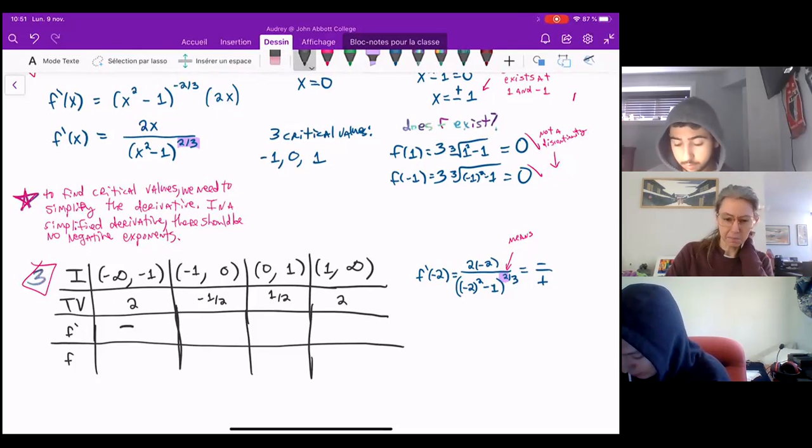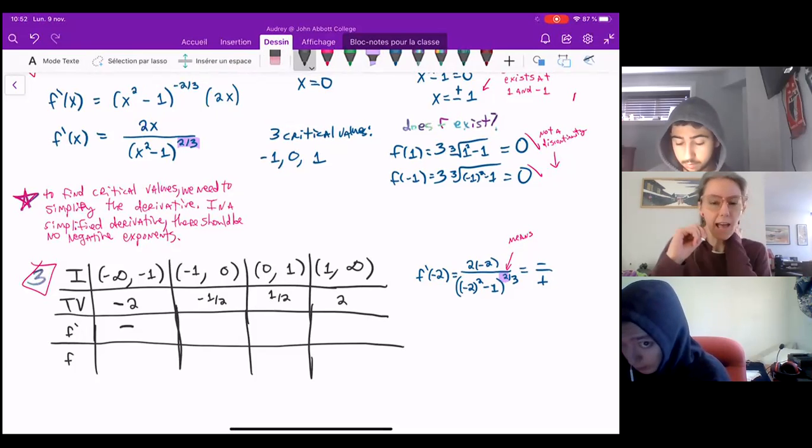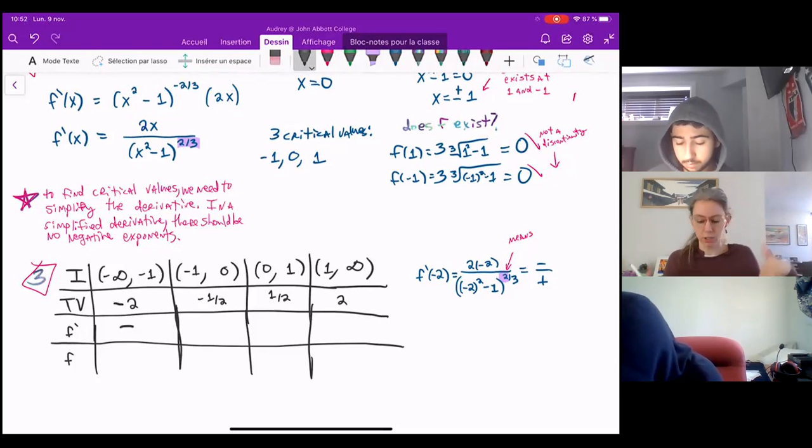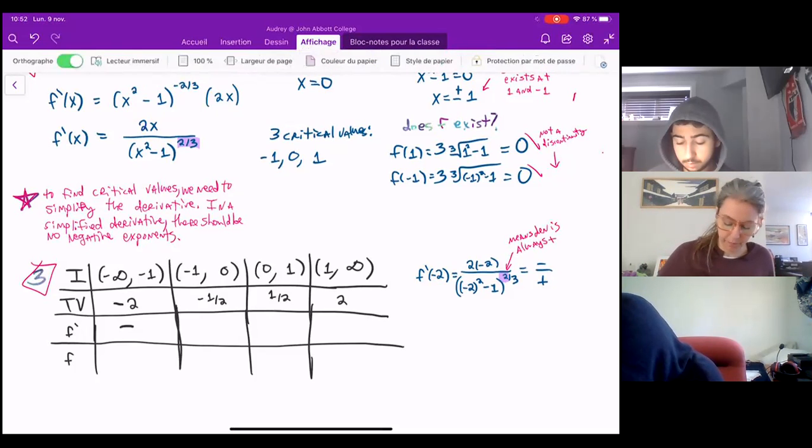What do you guys think? Yes. So typically we want to pick values that are just easy to plug in, but you can really pick anything as long as it's on that interval. So this means the denominator is always positive.